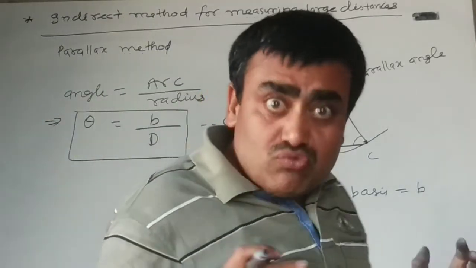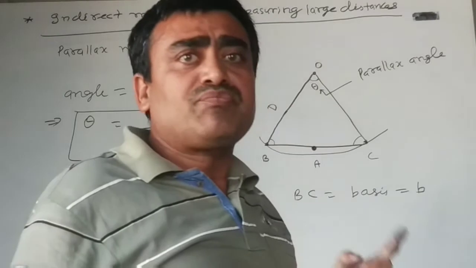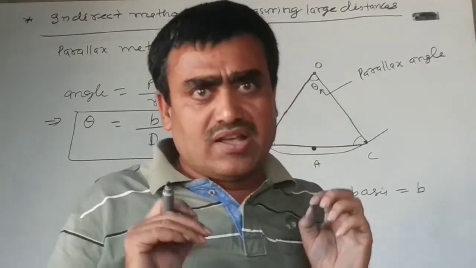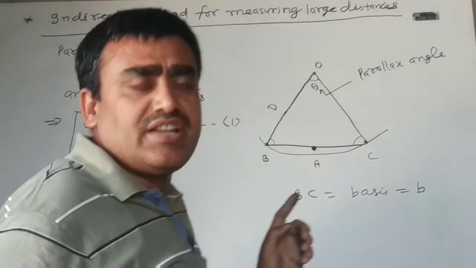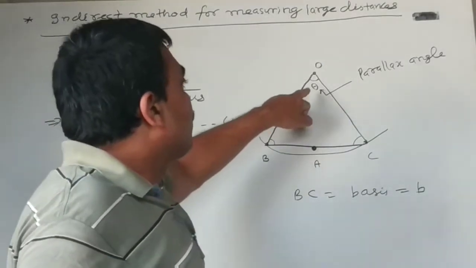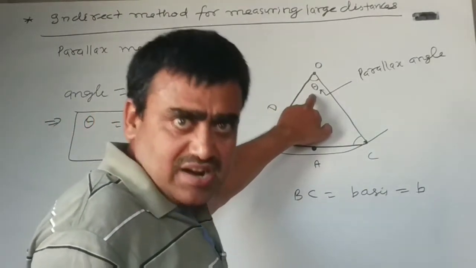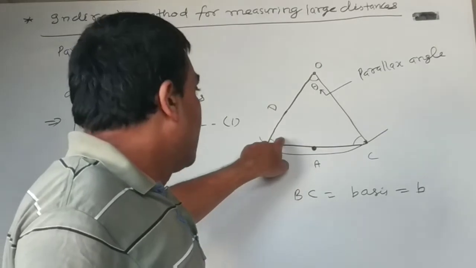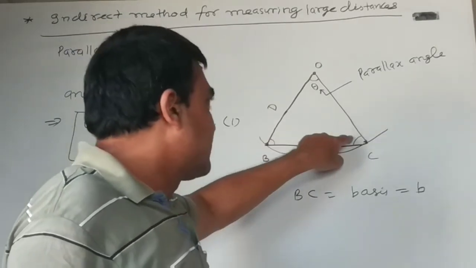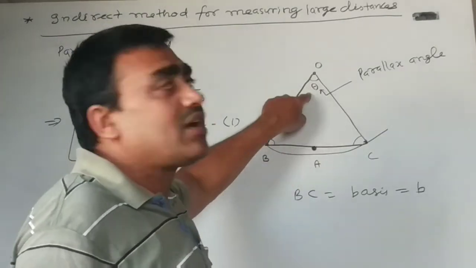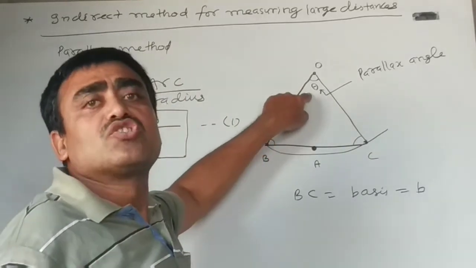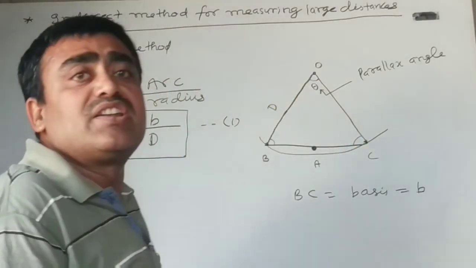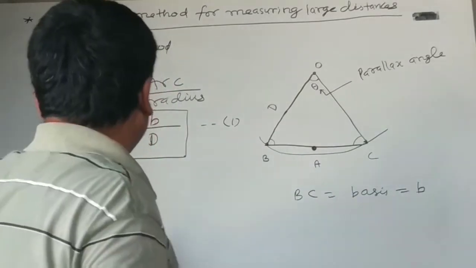And all of you know that the sum of all angles of a triangle is 180 degrees. So theta can be easily measured. If it is 50 degrees and 60 degrees, then theta will be equal to 70 degrees, and 70 degrees is converted into radian.